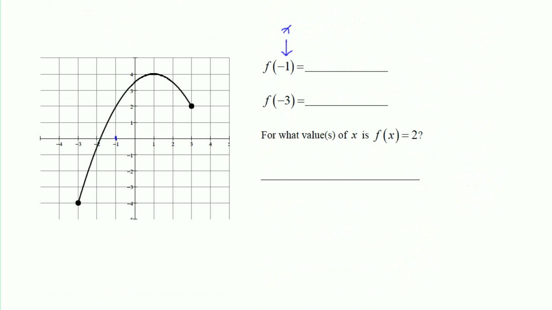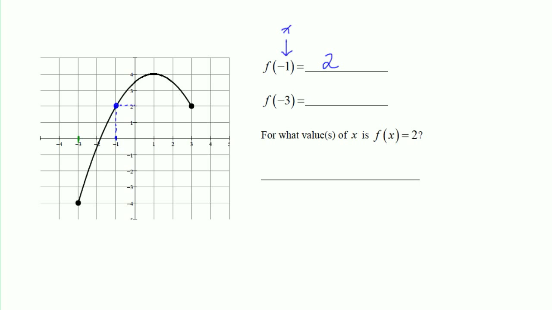To find that, it's best to just start at negative 1 on the x-axis and then trace vertically to the graph to find the y coordinate of that point. And it looks like f of negative 1 here is equal to 2. We can do the same thing for f of negative 3.